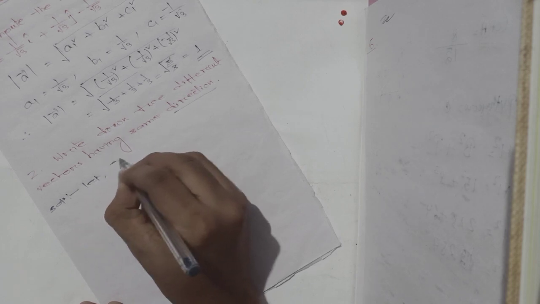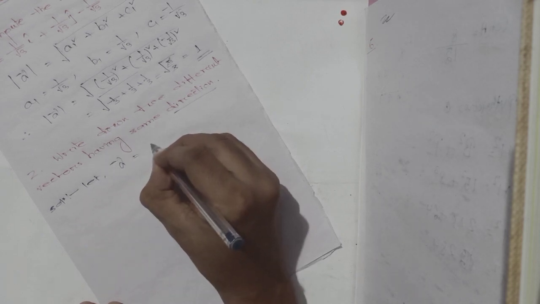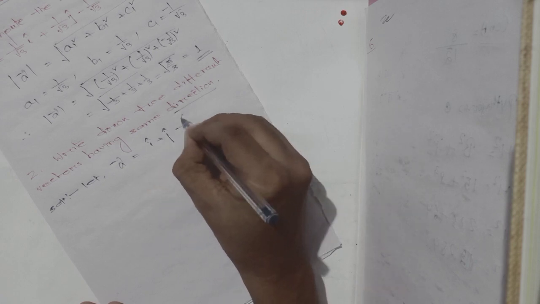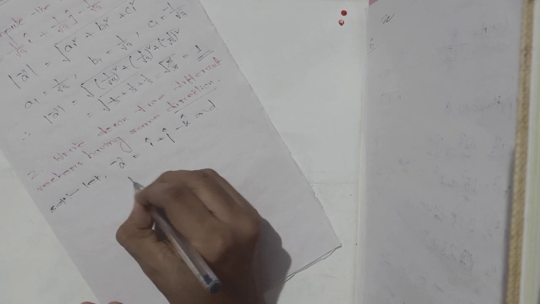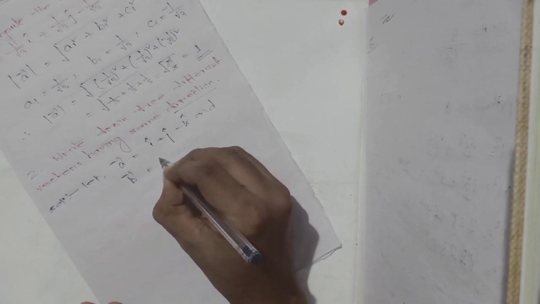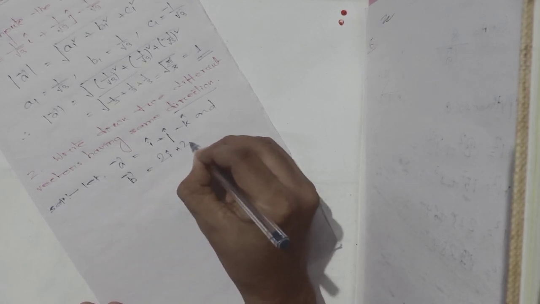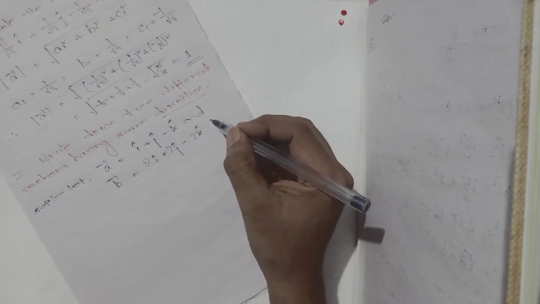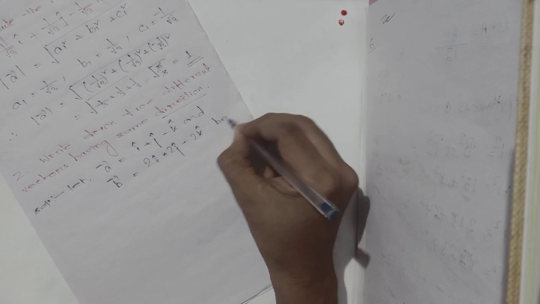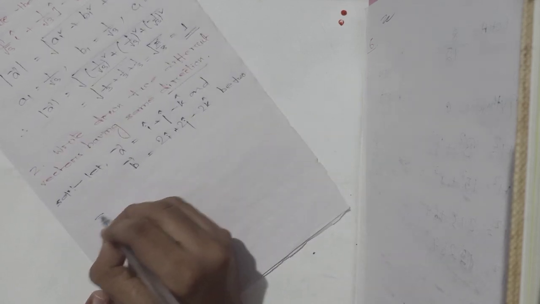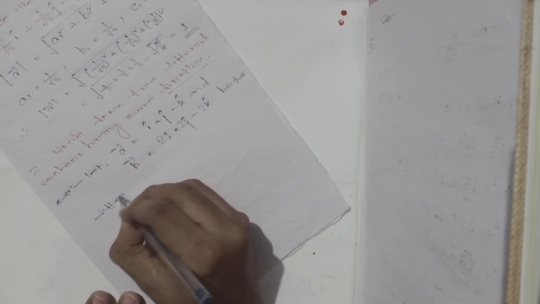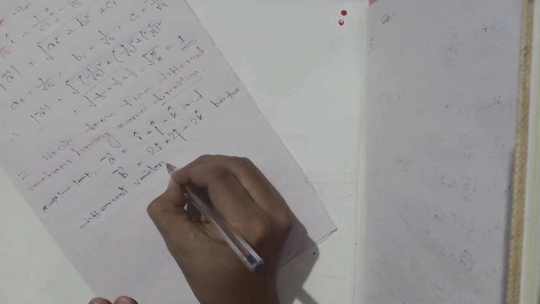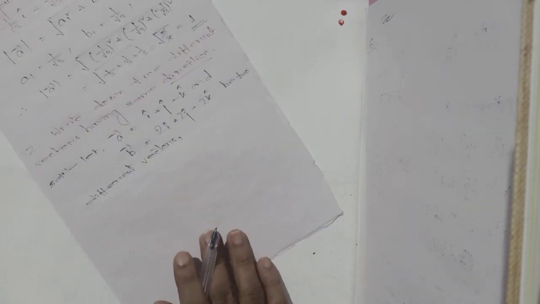Let vector A be i cap plus j cap minus k cap, and B be 2i cap plus 2j cap minus 2k cap, two different vectors.